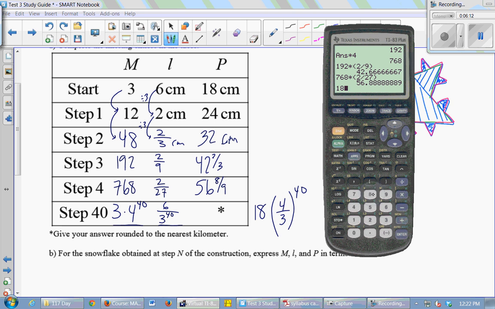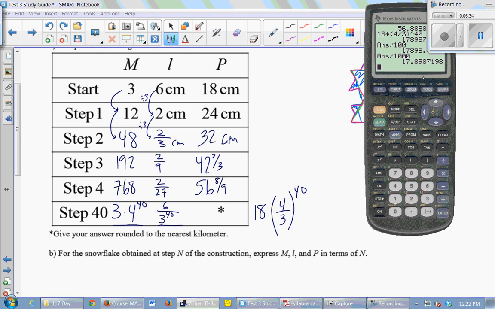So 18 times 4/3 to the 40th is going to give me my perimeter in centimeters. And if I divide that by 100, I get meters. And divide that by 1,000, I get kilometers. To the nearest kilometer, this would be about 18 kilometers.